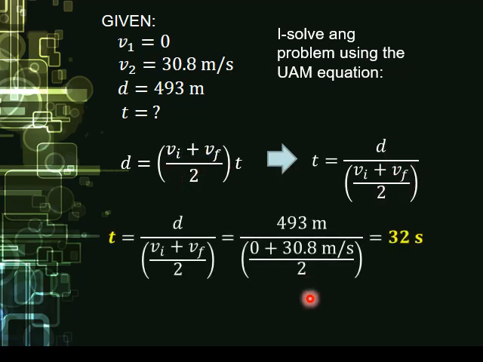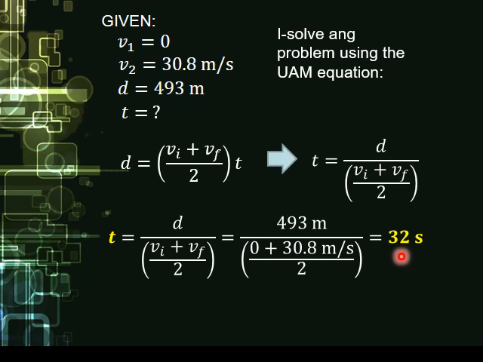Now if you will substitute, you have d is 493 meters divided by, ito muna isusolve nyo, (0 plus 30.8) divided by 2. Pag gagawin nyo ito sa calculator, make sure na yung calculator nyo mayroong open and close parenthesis, kasi kapag wala nito, mag-iiba yung final answer nyo.